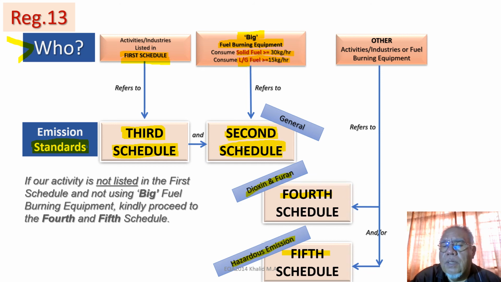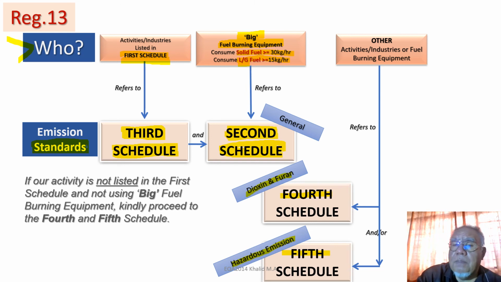What if the industry is other industries, but they have a big boiler, big genset? Then the big boiler and big genset, easy, they are subscribing to the second schedule, as you could see. And these other industries are already subscribing to the fourth schedule and fifth schedule. Simple.